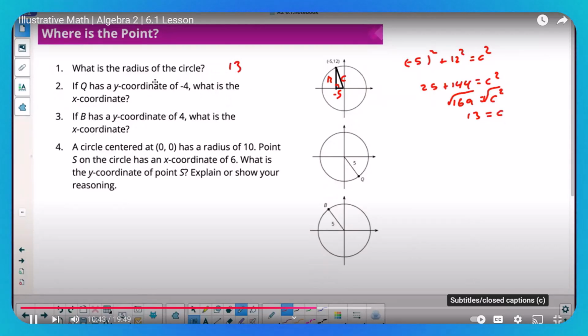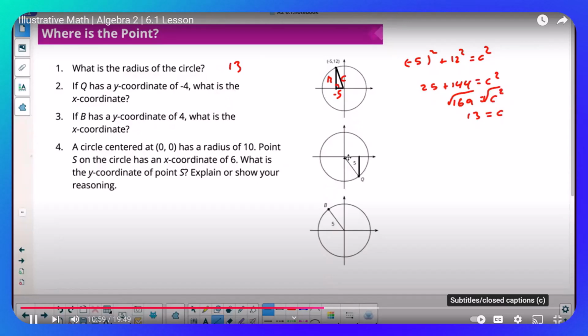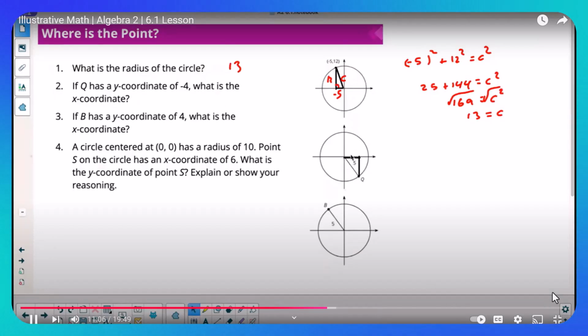If Q has a y-coordinate of -4, so here's Q, I go to the second picture. What is the x-coordinate? So they give us the radius. Let's draw a triangle again here. I always take my triangle up to the x-axis. I'm just doing a little bit of geometry. There's my right triangle.